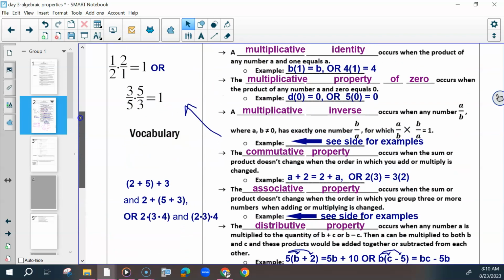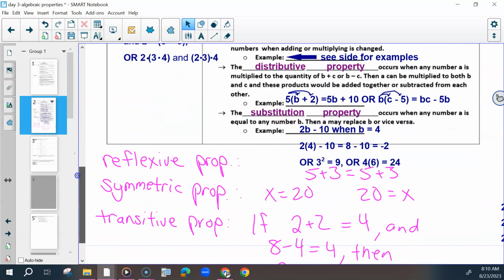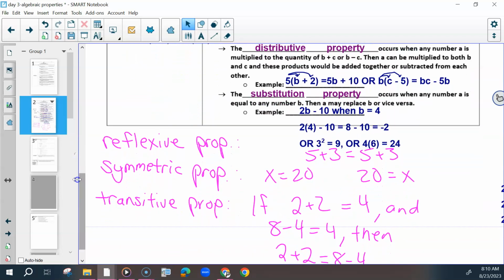Balance? This one? Oh, balance. We'll probably have time to do one or two examples on the next page, and then we'll be done for today.